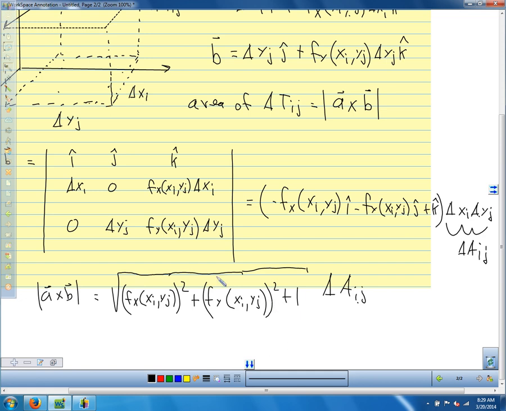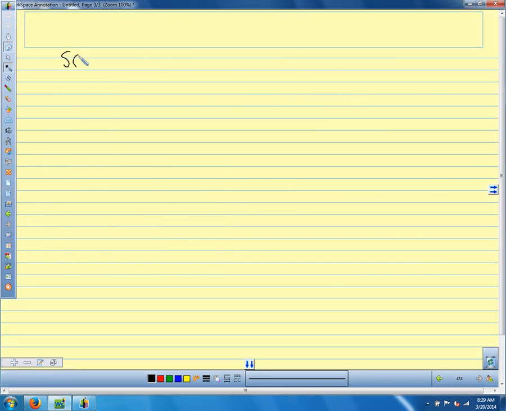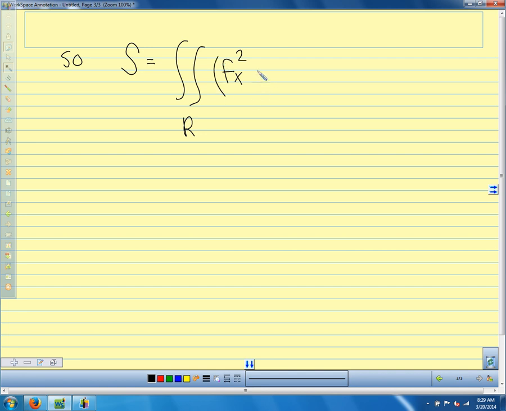So our surface area over the region is going to be the double integral over our region of the square root of f sub x, the partial with respect to x, squared, plus f sub y squared, plus 1, dA.